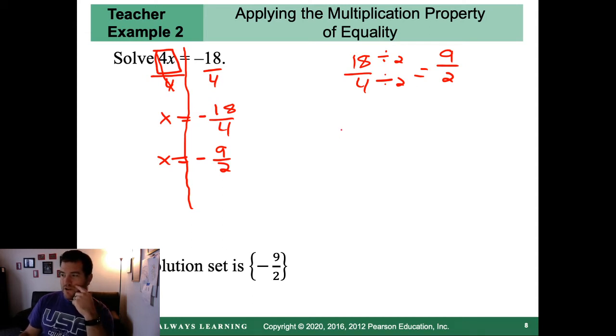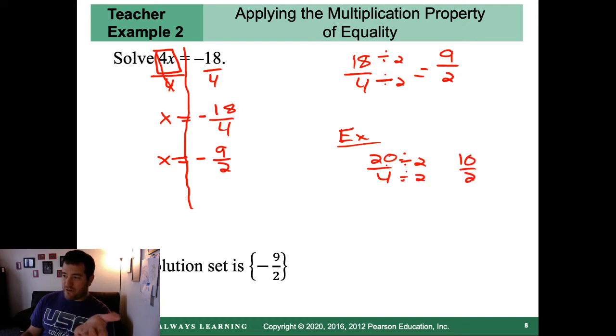Now, this is a side example. Let's say that it was 20 over 4, right? I'm going to leave the negative out for now. I notice both of those are even, so why not divide by 2? Divide there by 2, divide there by 2. So I get 10 over 2, but then I ask myself again, is that even? Sure, 2 is even, 10's even. So let's divide by 2 again.